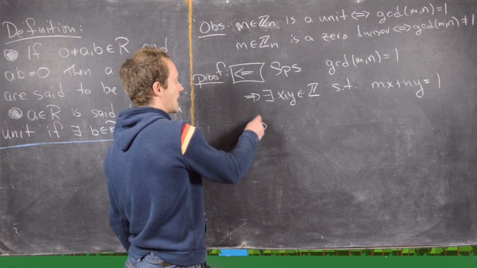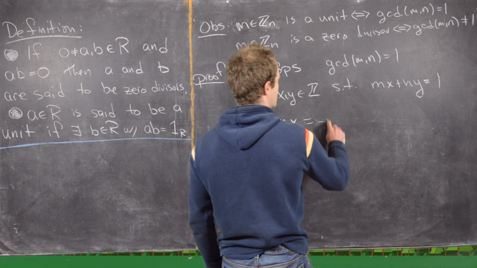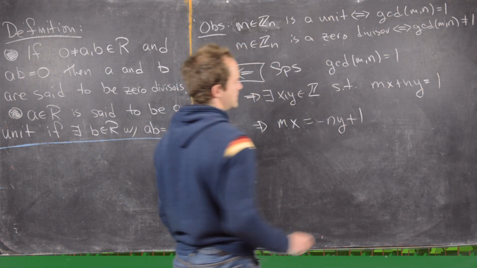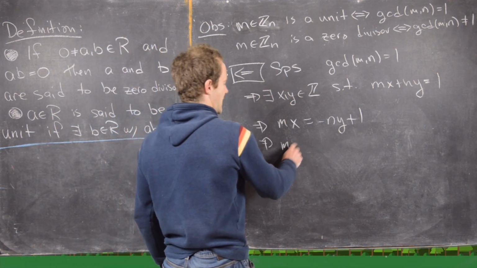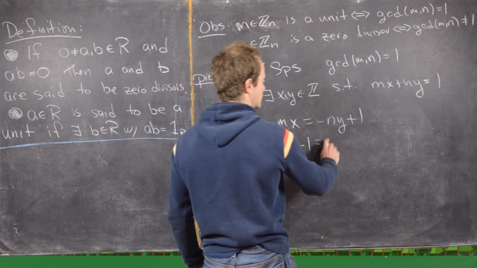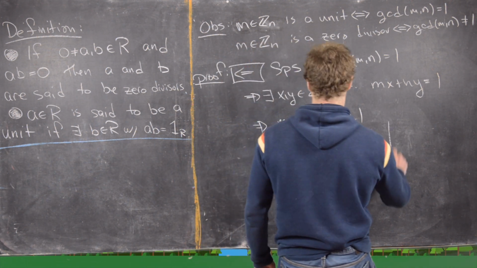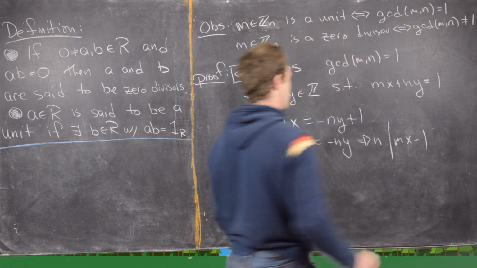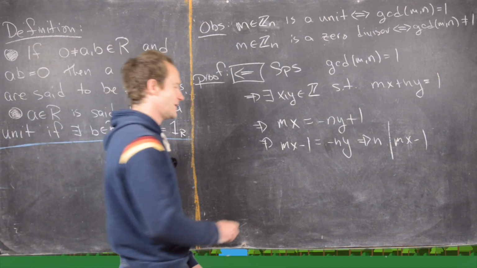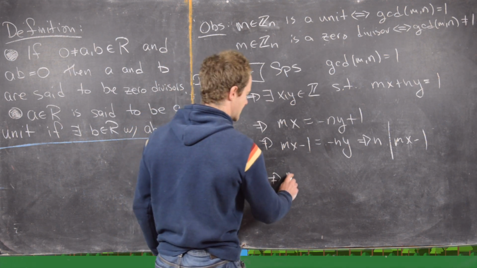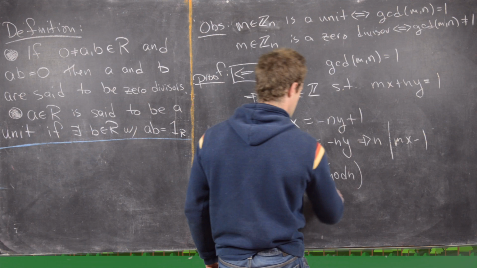But now we can rewrite this a little bit. Notice this is the same thing as mx is equal to minus ny plus 1, or mx minus 1 is equal to minus ny. In other words, n divides mx minus 1. Okay? But if n divides mx minus 1, that's the same thing as saying that mx is congruent to 1 mod n.